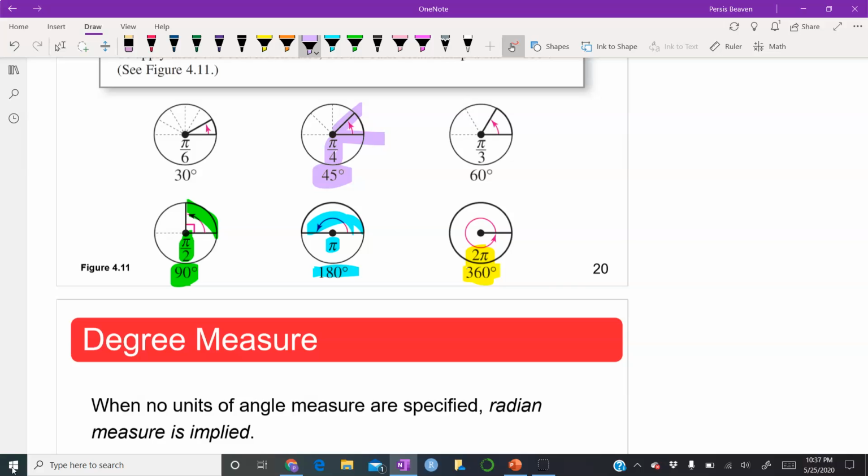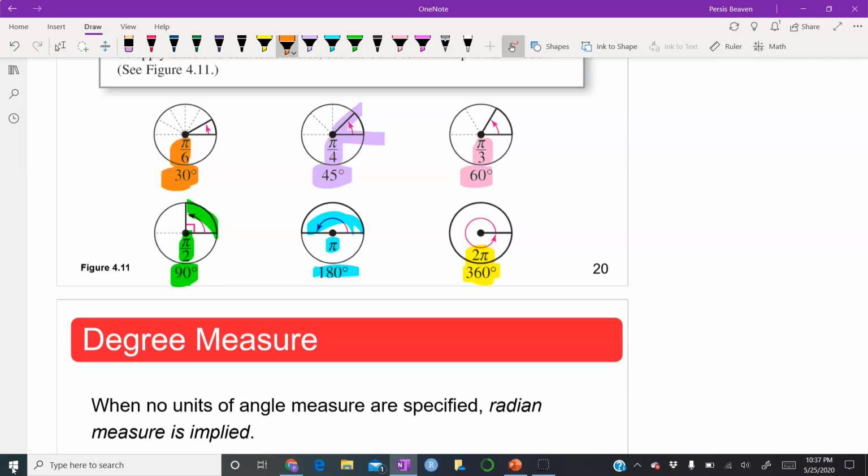And also we have pi over 3, which is equivalent to 60 degrees. And we have 30 degrees, which is equivalent to pi over 6 radians.